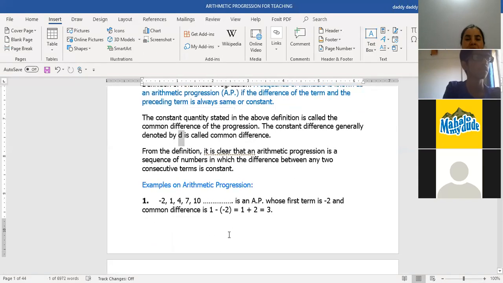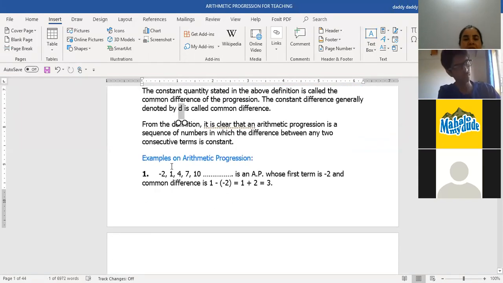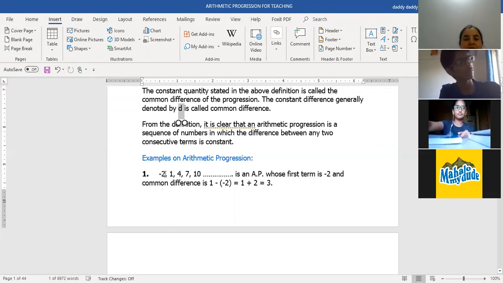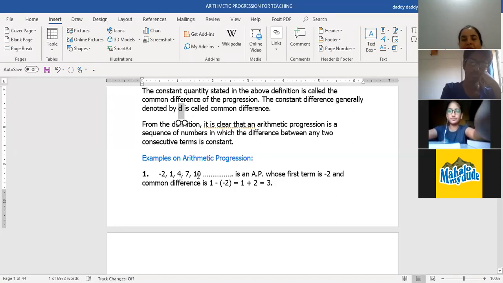For example, let's take this chain of numbers. This is -2, 1, 4, 7, 10, and so on. They have not shown all the terms of this chain. They have only shown the first 5 terms of the sequence. And they're telling me that this sequence of numbers is in arithmetic progression or is in AP.